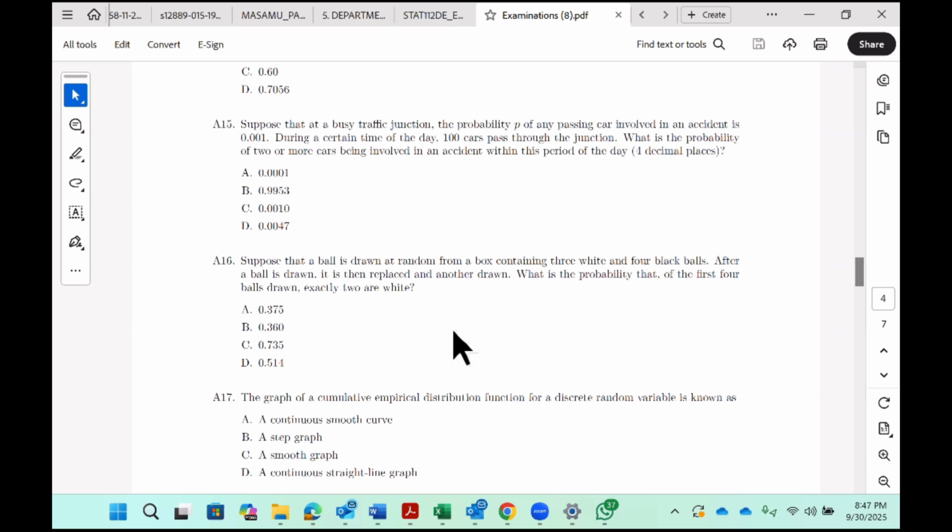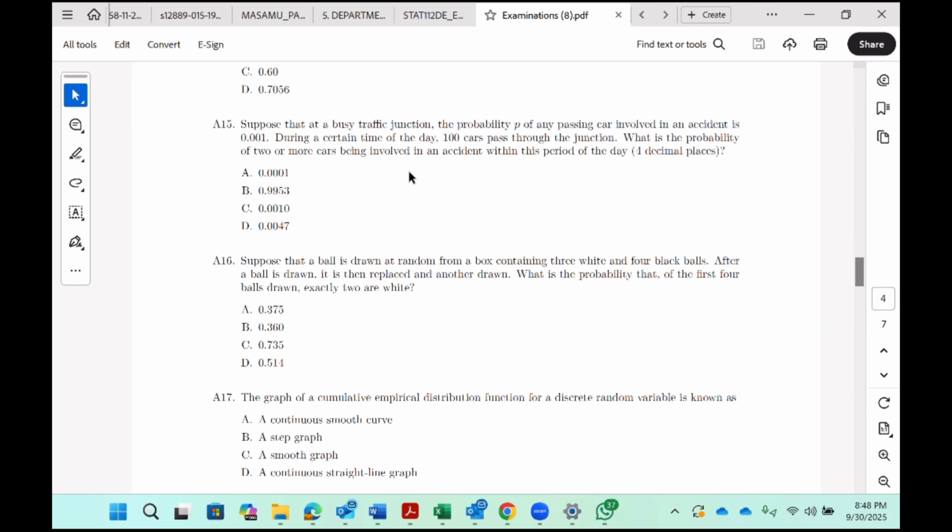What is the probability of 2 or more cars being involved in an accident within this period of the day? So you are supposed to use a binomial approximation to Poisson to be able to calculate this probability. So we are given our P to be equal to 0.001. So you multiply 0.001 times the number of cars, that will be 100. So that will give you a lambda, then use your Poisson distribution to calculate that.